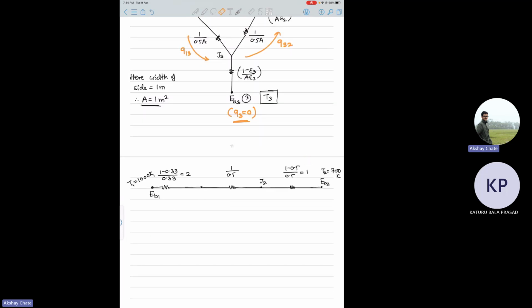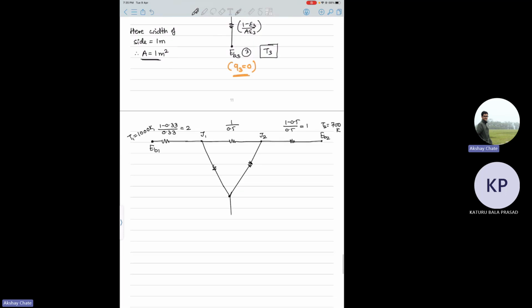And now across this, so this will be your J3, and these all are 1 by 0.5, right?